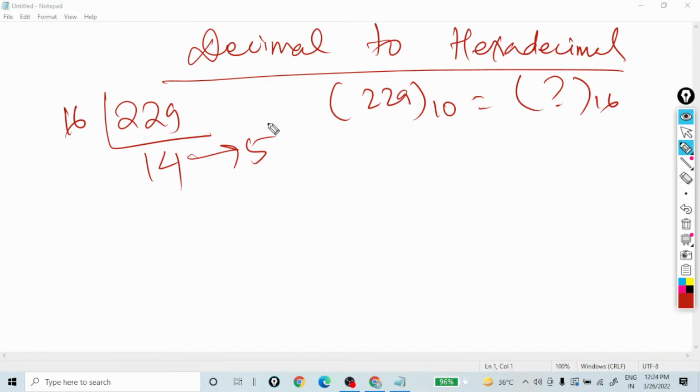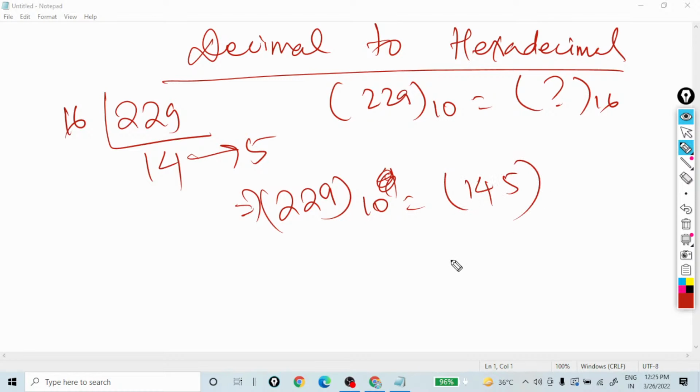Divide it, then you will know, because 16 into 14 is 224. Yes, the remainder will be 5. So this implies 229 base 10 is equal to 14 5.